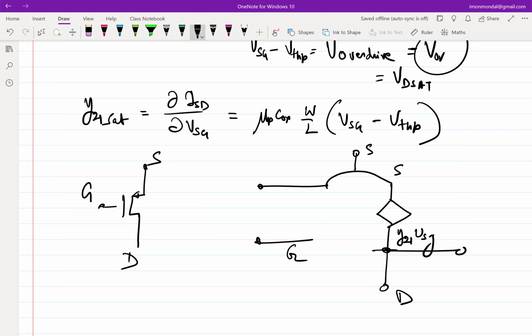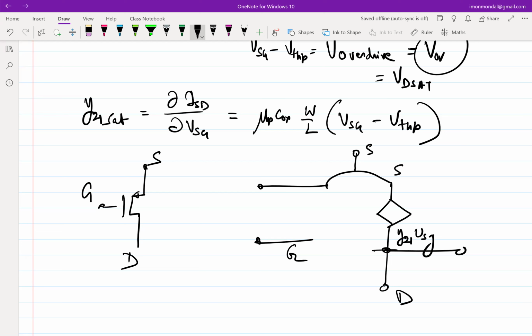So can you comment on the direction of the current source, going towards the top or towards the bottom? Both can be correct, but tell me. What happens if I increase the source to gate voltage? I see that the current has increased, right?